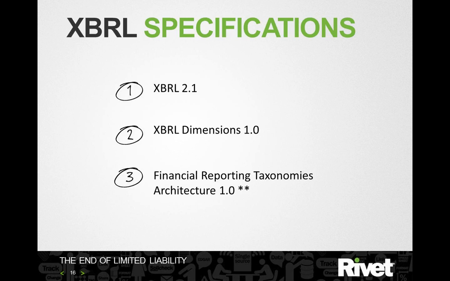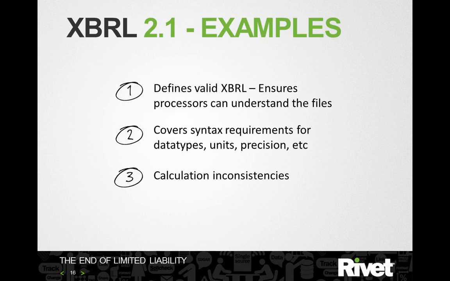And so first, related to the XBRL specifications, there's a couple that are often checked in validation tools. The first is XBRL 2.1, the second is XBRL dimensions, and the third is the Financial Reporting Taxonomies Architecture. And so the first one is the XBRL 2.1 specification. This is really the main specification which defines valid XBRL. It's a very big document.